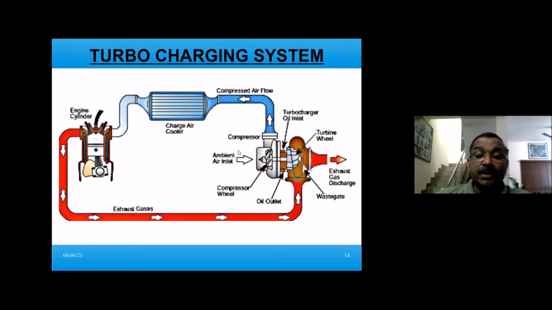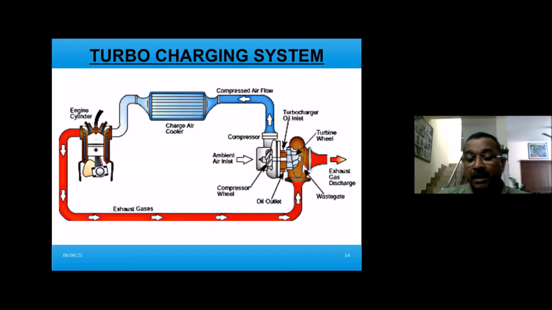Actually, a turbocharger doesn't need operational cost. A turbocharger is operated by the heat in the exhaust gas.